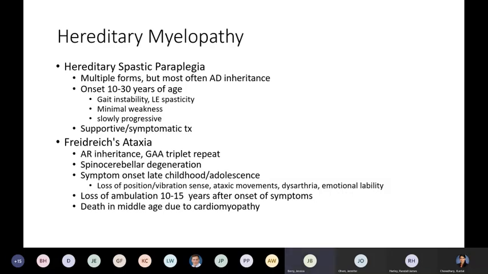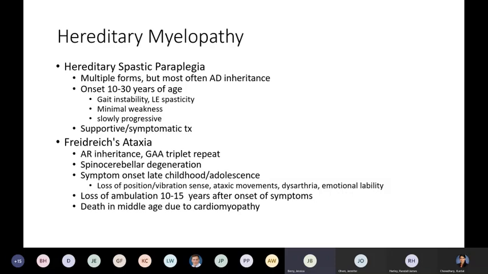It is essentially spinocerebellar degeneration. Symptom onset is typically in late childhood or adolescence, and can include loss of position and vibration sense and ataxic movements. Dysarthria, emotional lability is also associated.